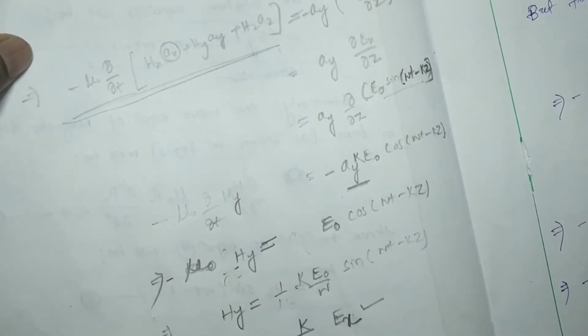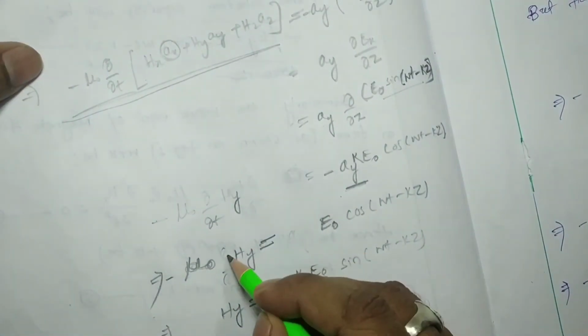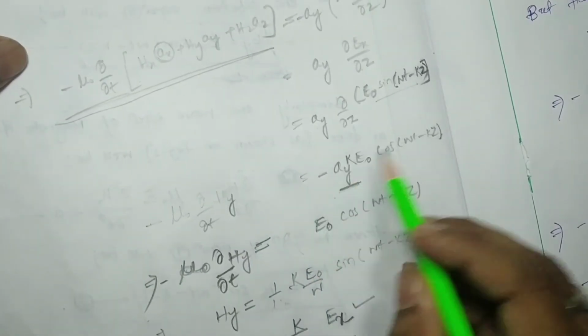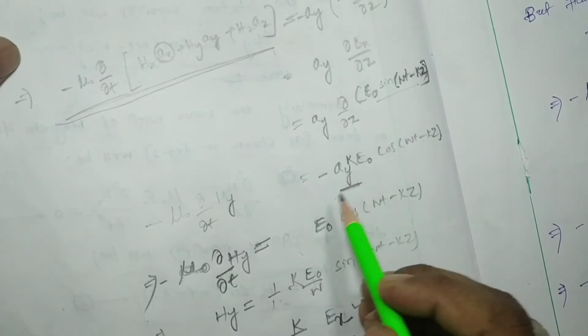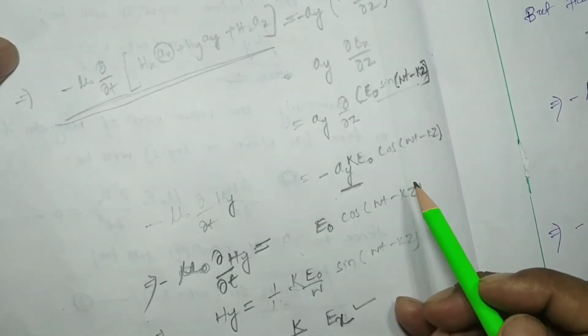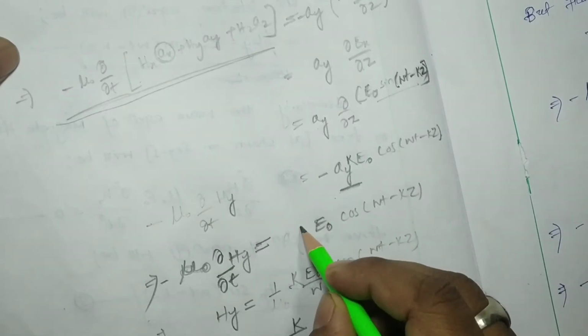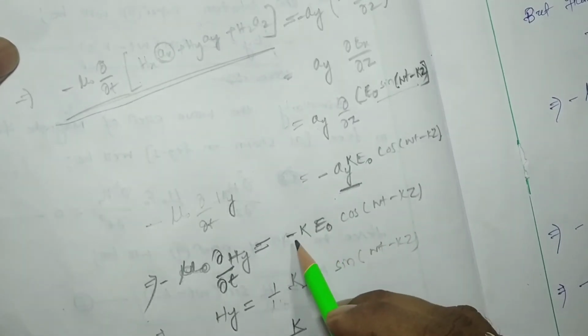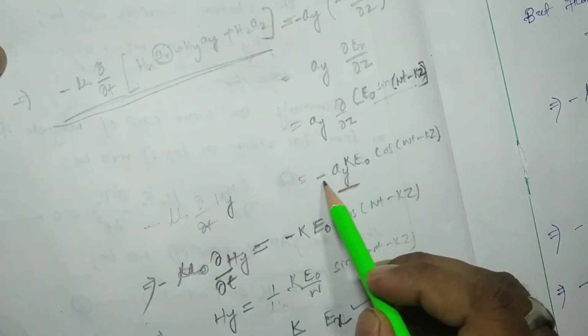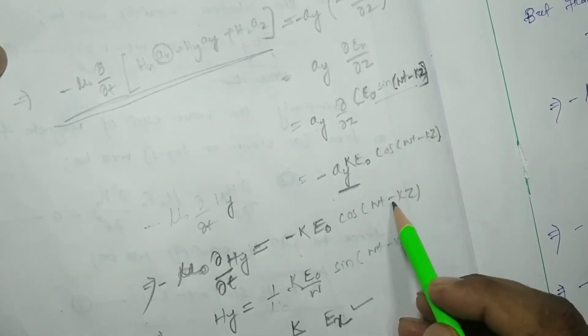So minus mu 0 del by del t of hy will be equal to the y component. Y component means minus k E0 cos omega t minus kz. Okay, minus k E0 cos omega t minus kz.